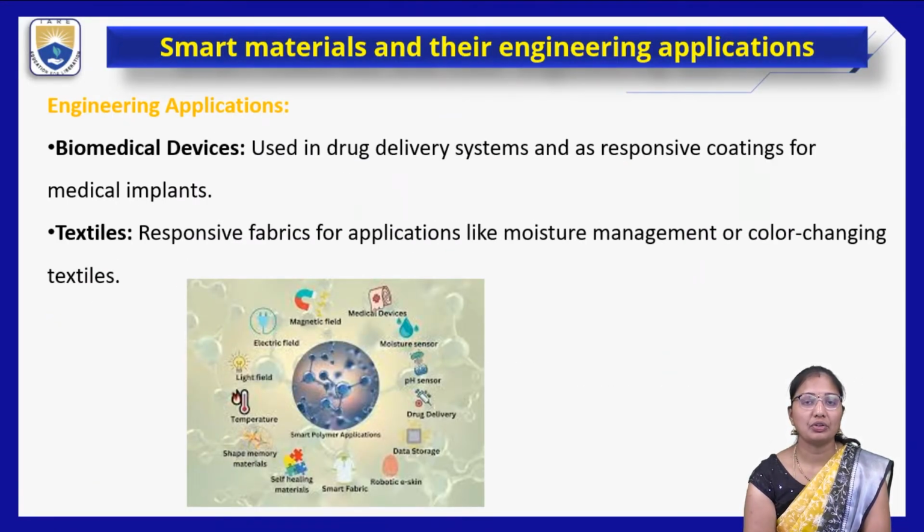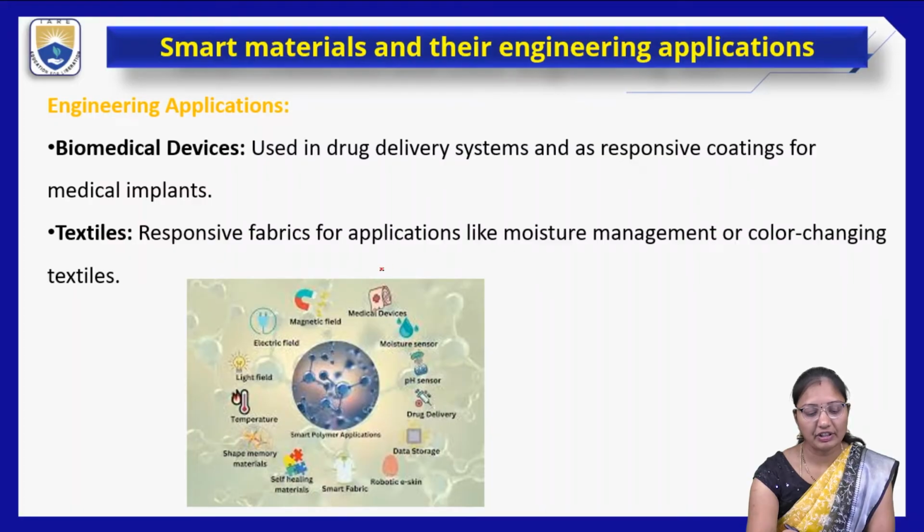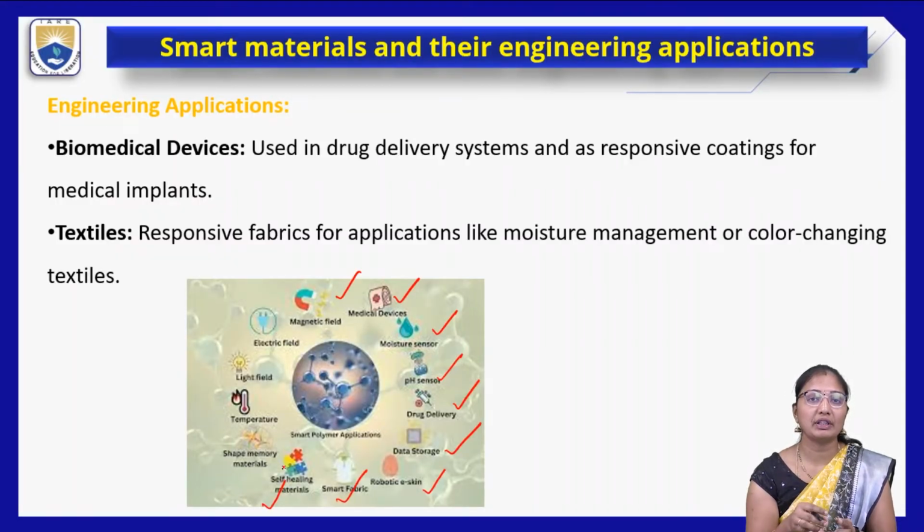What are the applications of these smart polymers? They are used in biomedical and medical devices, moisture sensors, pH sensors, also for drug delivery and even in data storage, robotic skin, smart fabric and self-healing materials. When there is a wound, to have the wound heal, self-healing is needed.